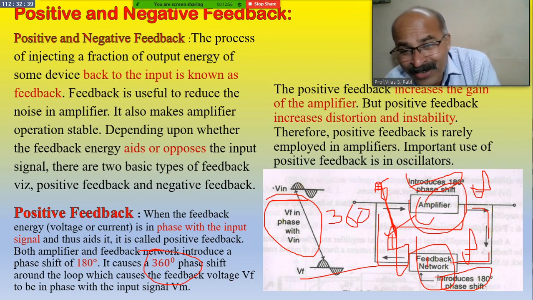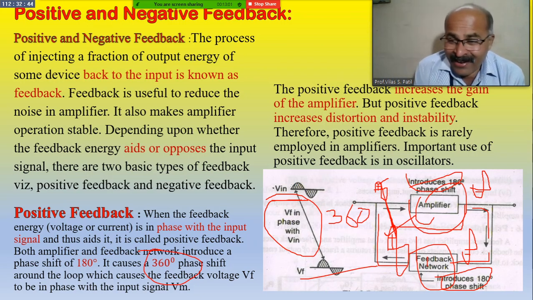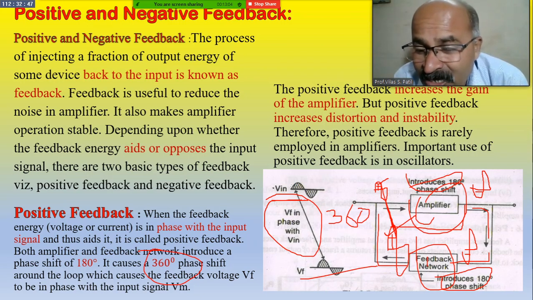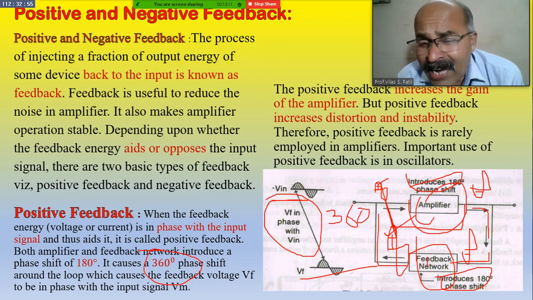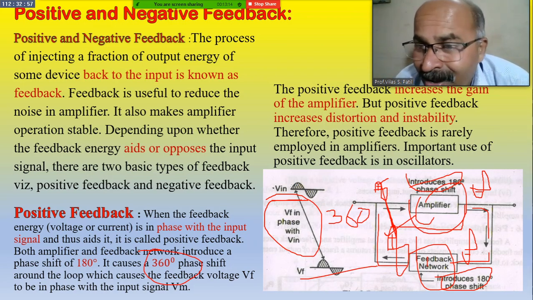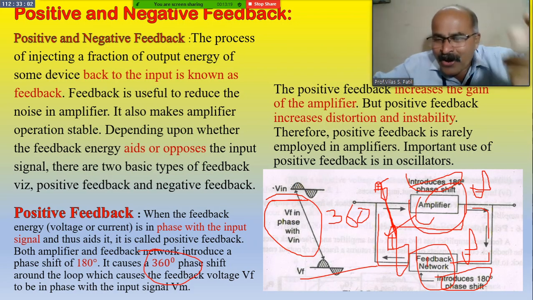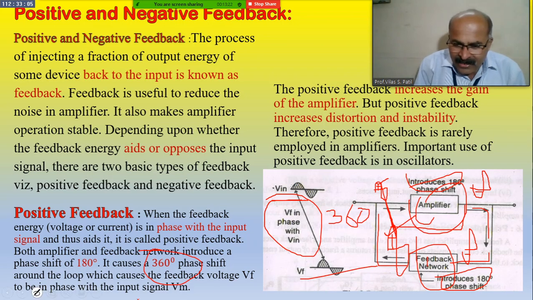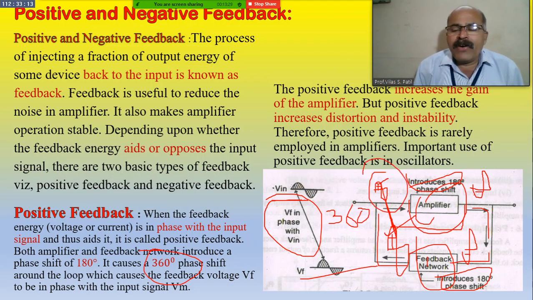And if the input signal is in positive half cycle, the amplifier gives the output with a phase reversal, that positive half cycle will be converted into negative half cycle. And if that feedback is given to the feedback network, and again the feedback network introduces 180 phase shift, then the original input and feedback input come in same phase.